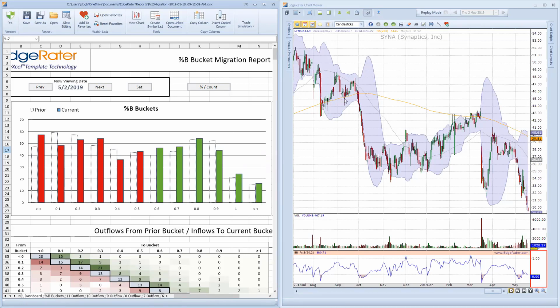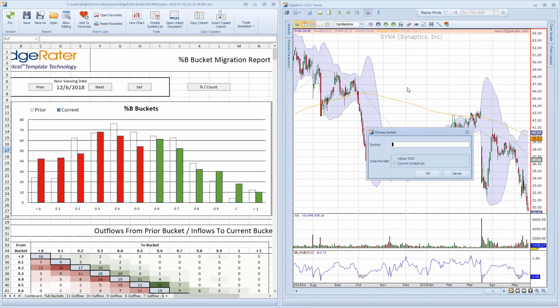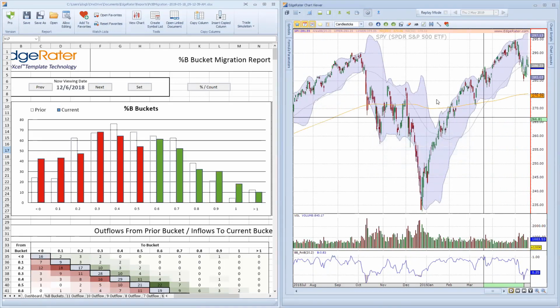In the chart, if I press my spacebar, it brings up a symbol choosing dialog, and I'll use SPY, because it gives you a good idea of the overall market. It's a proxy for the S&P 500.